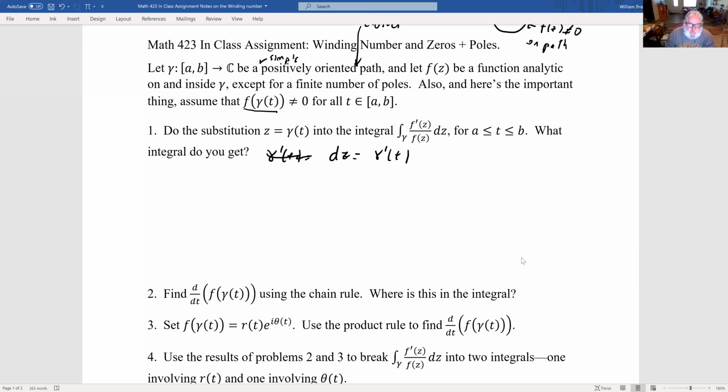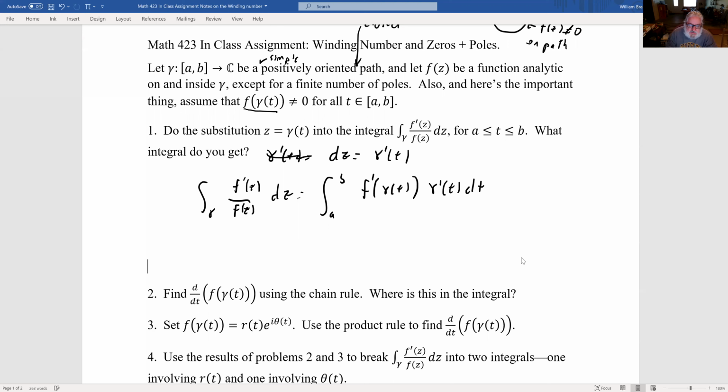And so we get integral around gamma of f prime of z over f of z dz equals integral from a to b of f prime of gamma of t times gamma prime of t dt, because that's our dz.